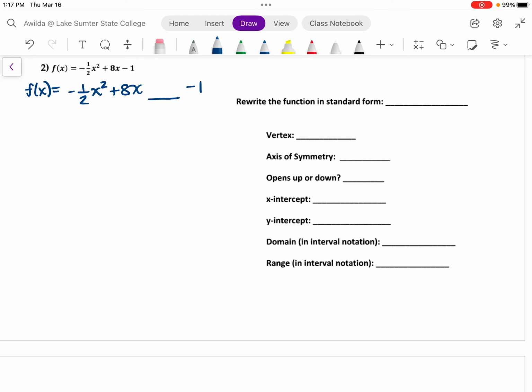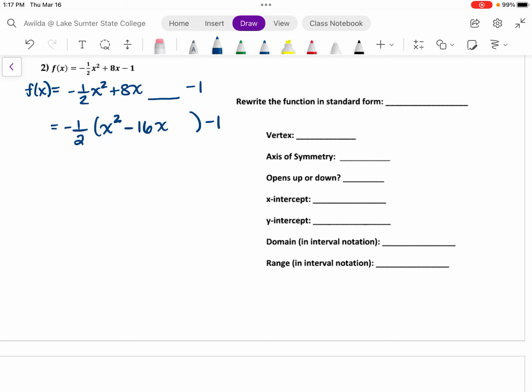Next, I'm going to factor a -1/2 out from the first two terms. So I'm going to write this as -1/2 times x squared. Now, what would we have to multiply -1/2 by to get a positive 8? I think we're going to have to multiply that by a -16.